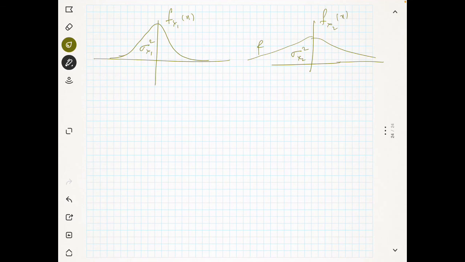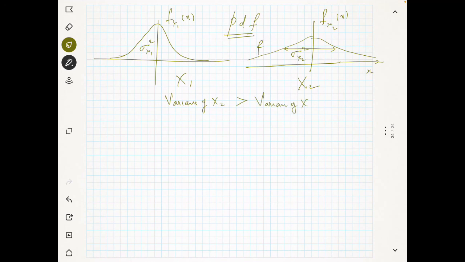Here this is your x and this is your probability density function. You can see this one has more spread. So for the random variable x2 and this for x1, the variance of x2 is greater than the variance of x1.